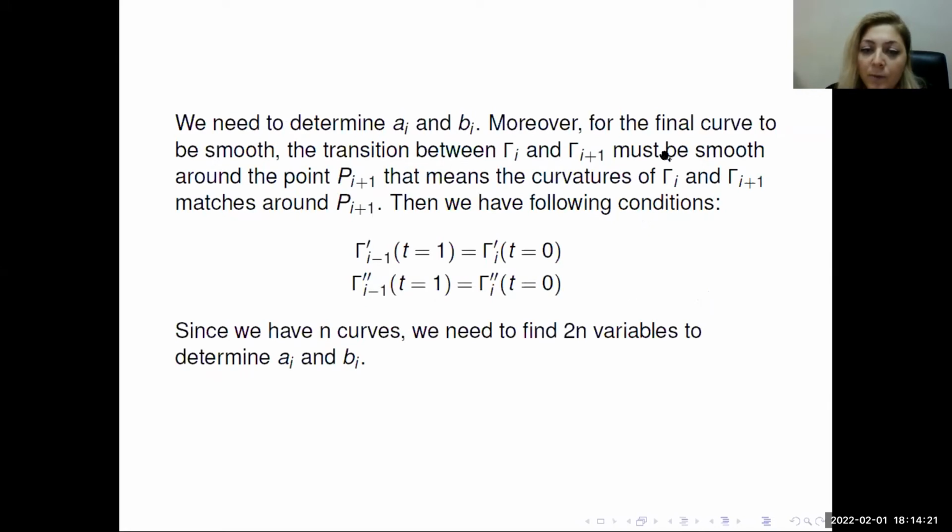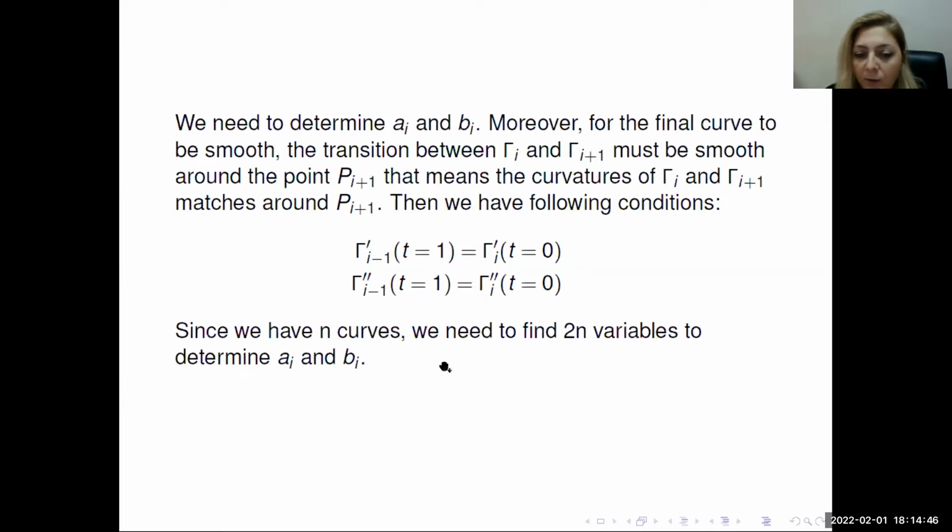Moreover, for the final curve to be smooth, the transition between gamma i and gamma i+1 must be smooth around the point p_(i+1). That means the curvatures of the 2 pieces match. Then we have the following conditions.